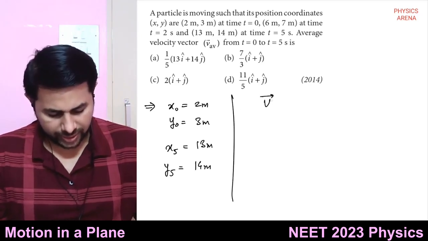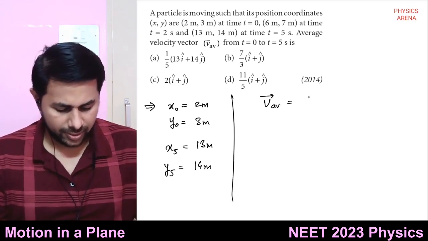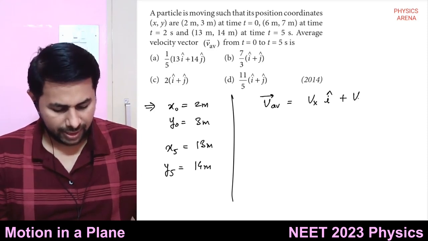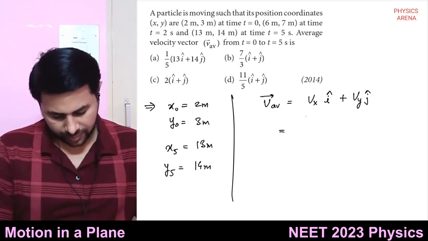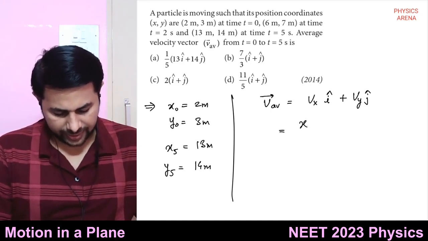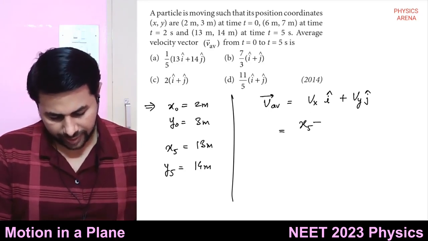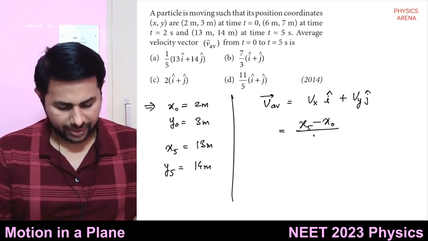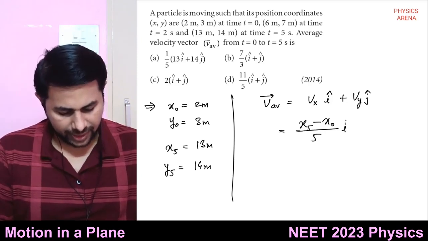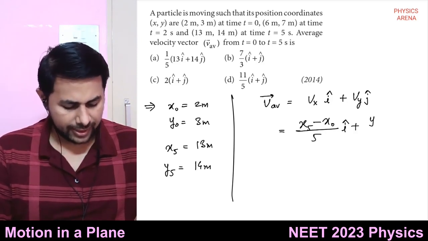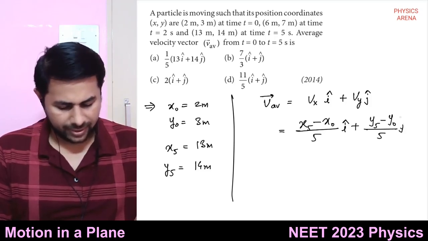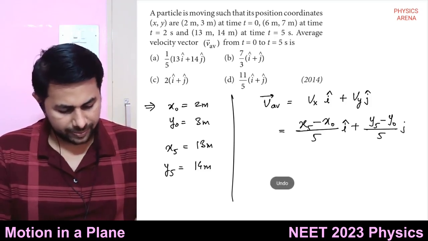The average velocity is the average velocity in x direction times i cap plus the average velocity in y direction times j cap, which is x at 5 minus x at 0 divided by the time difference, which is 5, times i cap, plus y at 5 minus y at 0 divided by 5 times j cap.